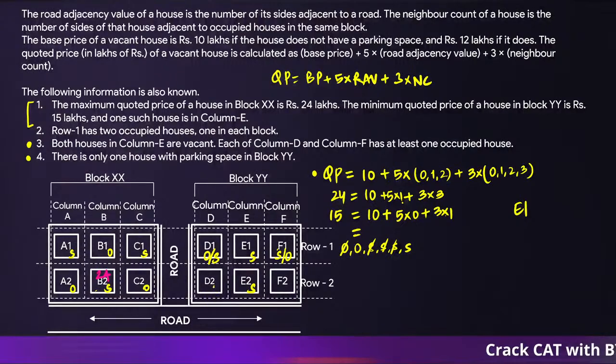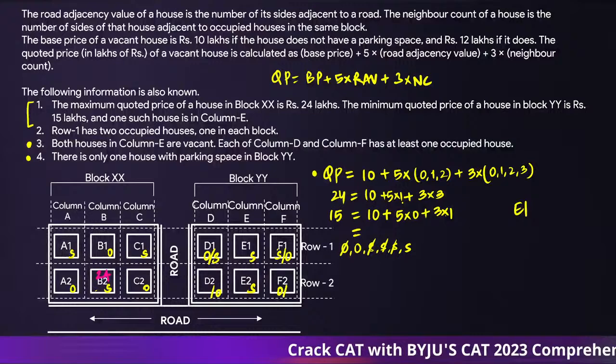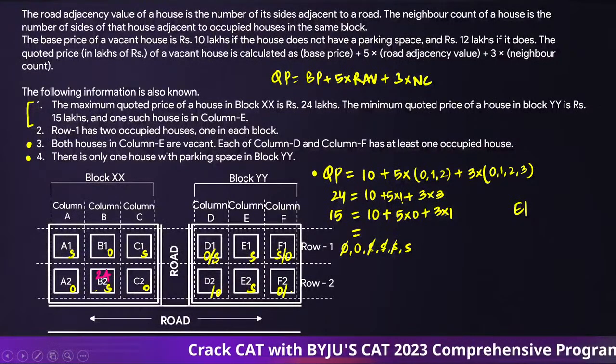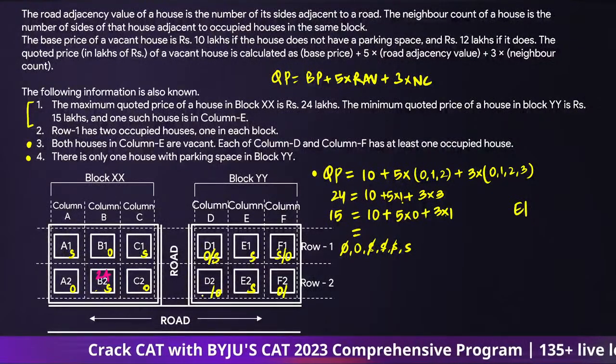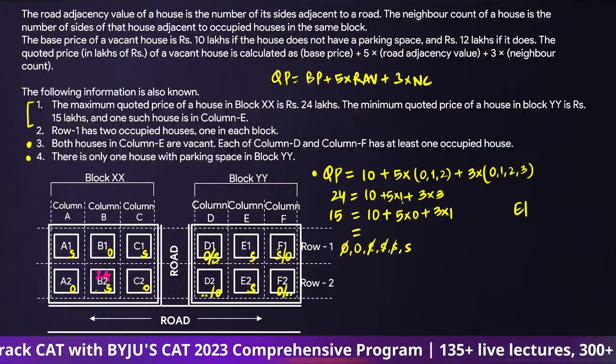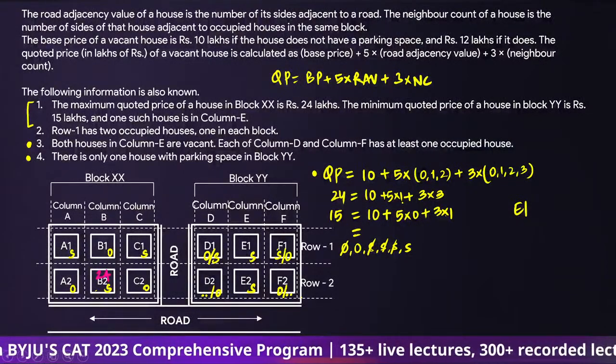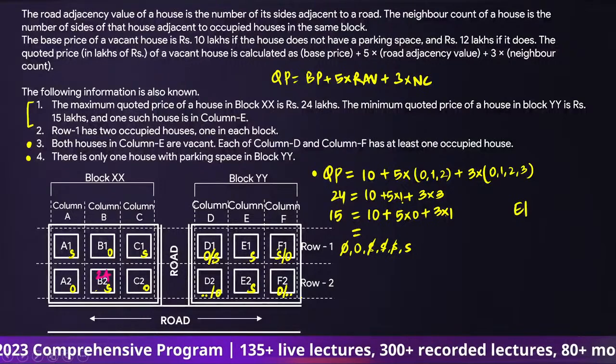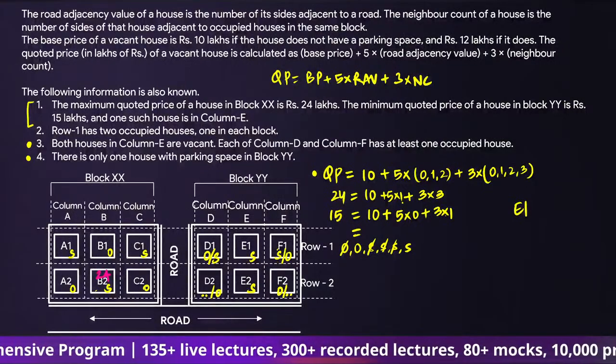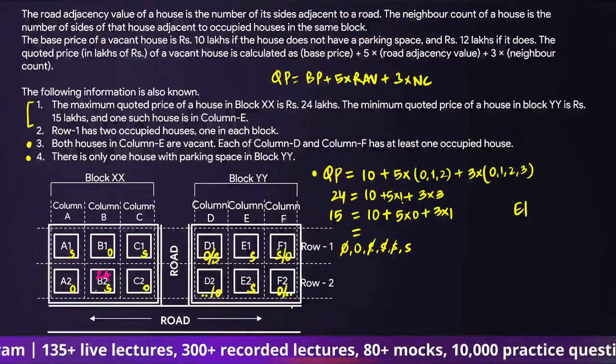Now, if this is up for sale though, so this is going to be occupied for sure. And if this is up for sale, this is going to be occupied for sure. ठीक है? और हमें इसका नहीं पता, occupied है तो ये कुछ भी हो सकता है. Remember, D and F, they both have at least one occupied house. So इसीलिए, if F1 is up for sale, so F2 has to be occupied.